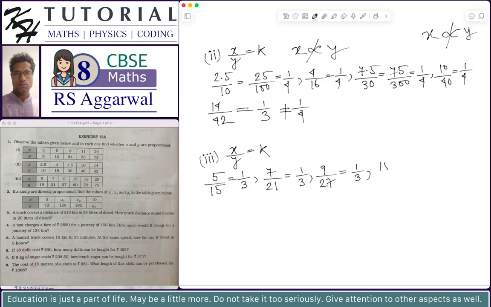The ratio of the next corresponding values, 15 by 60, is equal to 1 by 4, which is not equal to 1 by 3. Hence the ratios of the corresponding values are different for different corresponding values. So for this table the quantities x and y are not in direct variation.